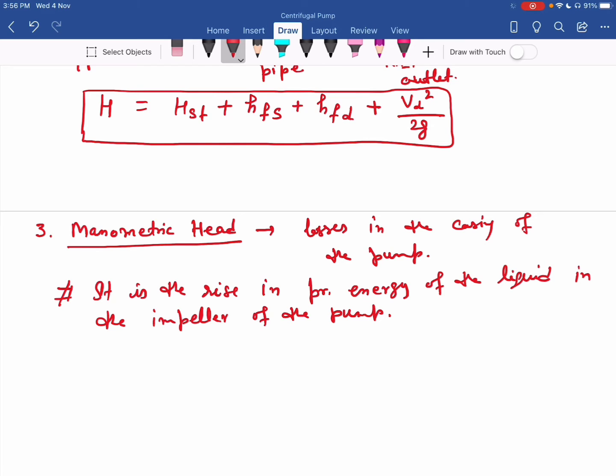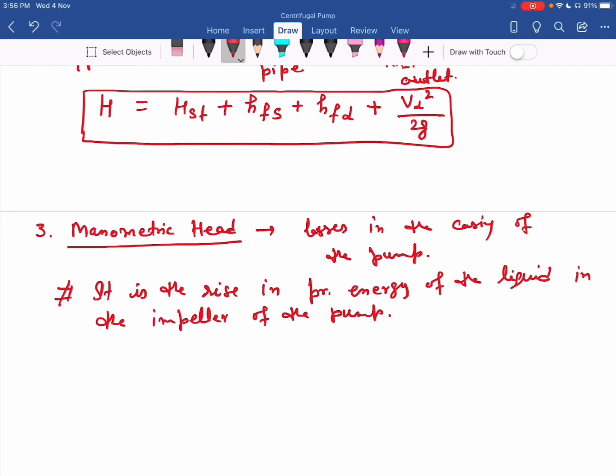To measure this, two pressure gauges are installed, one on the suction side and another on the delivery side, near to the pump. The difference in readings of these two pressure gauges gives us the manometric head.